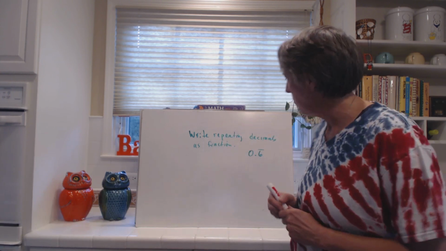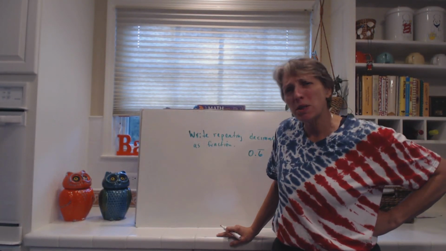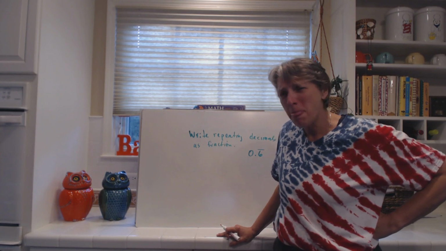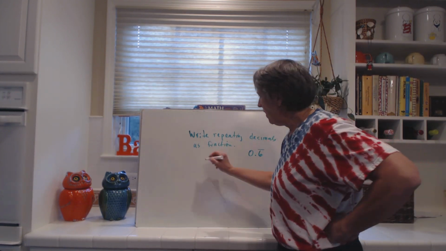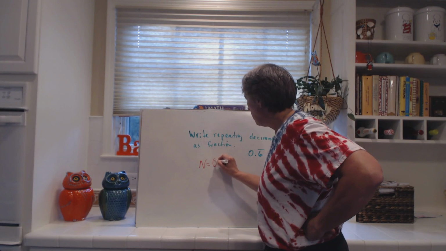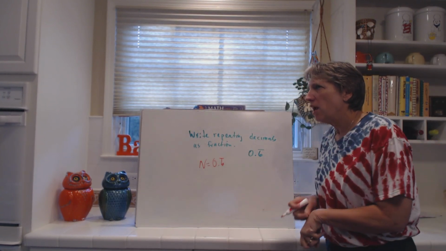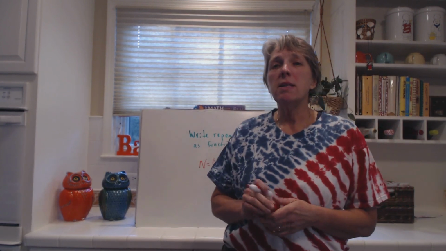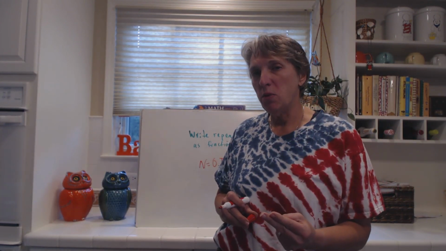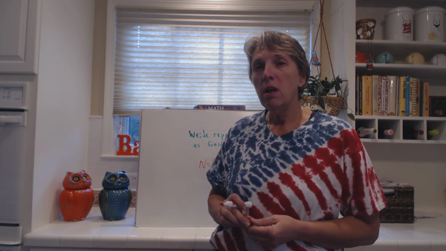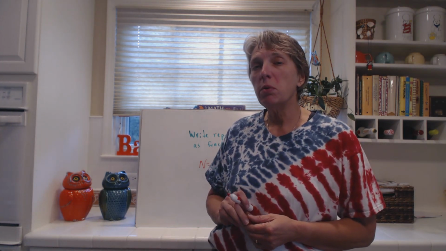So what we're going to do is set up two equations. We're going to say that n equals 0.6 repeating. And now, however many places of the repeating decimal, that's how many places we're going to multiply by a base 10 number.